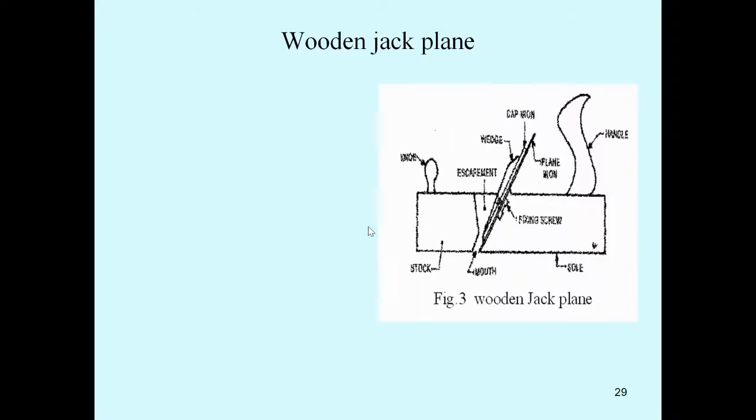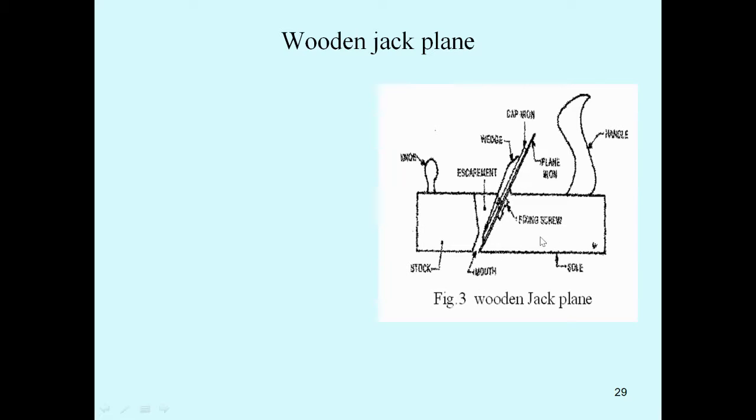Among them, in jack planes we have two types. First one is the wooden jack plane. We can see the diagram of a wooden jack plane. This will be the face of the bottom of the stock or body. That is the sole. This will be the mouth.